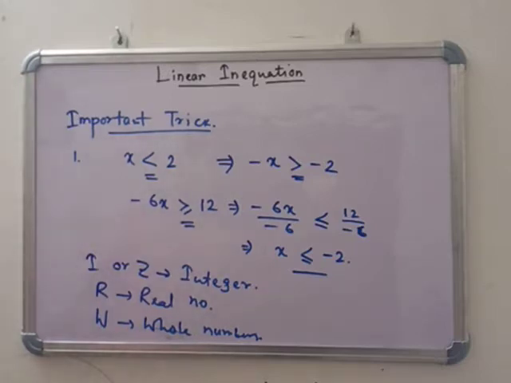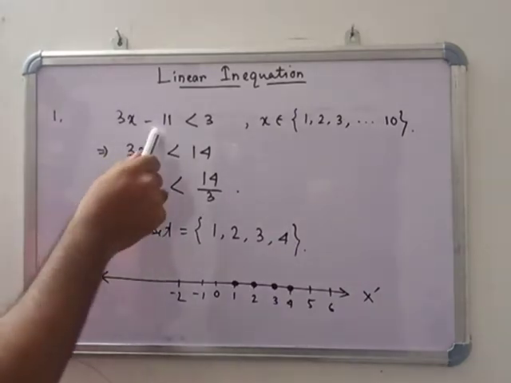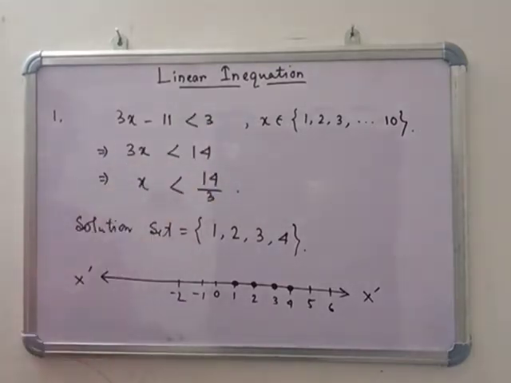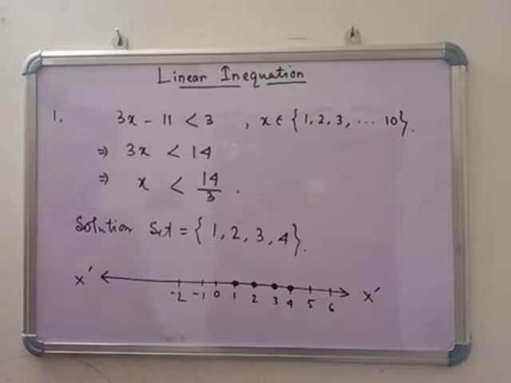See that in number 1, 3x minus 11 less than 3 is given. Now if we solve, we get 3x less than 14, so x is less than 14 by 3. Now x belongs to 0, 1, 2 up to 10.